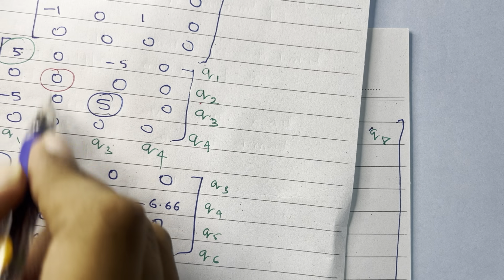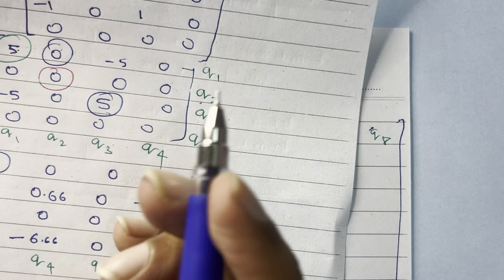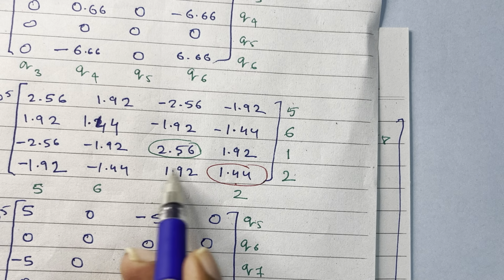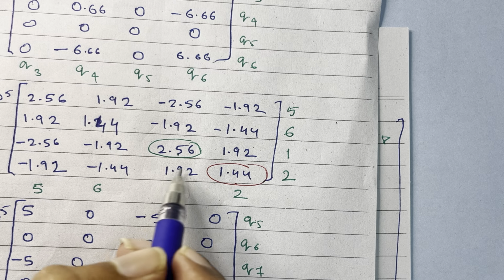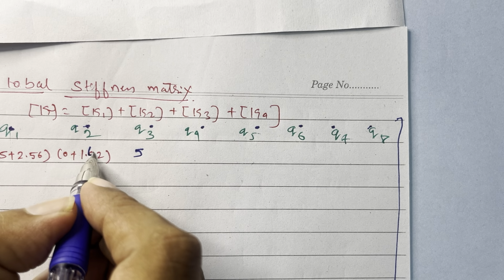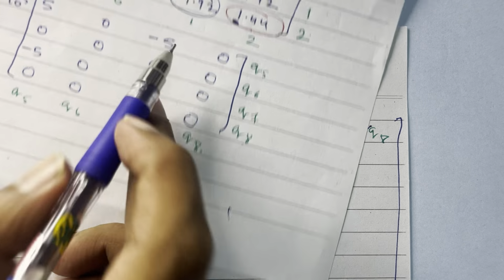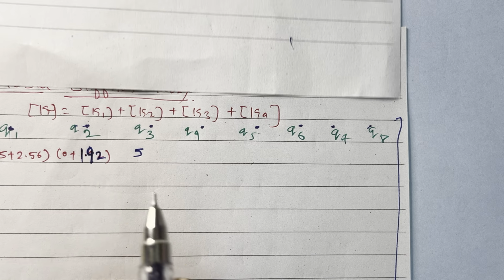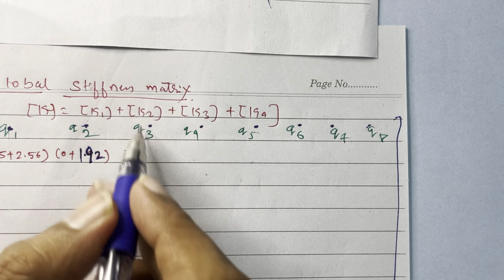Similarly, now we have to identify Q2 here, and here we are writing for Q1 only, so Q2 with Q1 we have to see. Here this Q2 with Q1, that is 0. Okay, then here Q2, that is the second row, with Q1 we have to write 1.92, not this 1.44, sorry, this is 1.92. Okay, that is 1.92. Next, this is Q1 row and Q3 column.